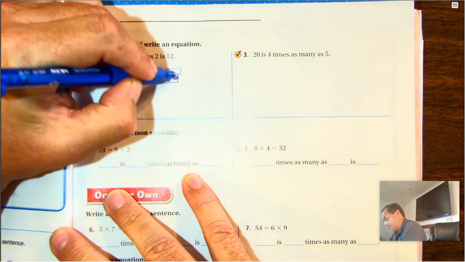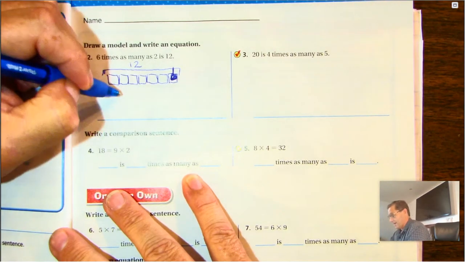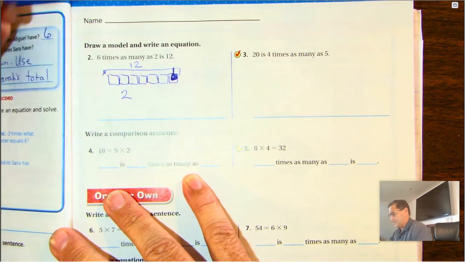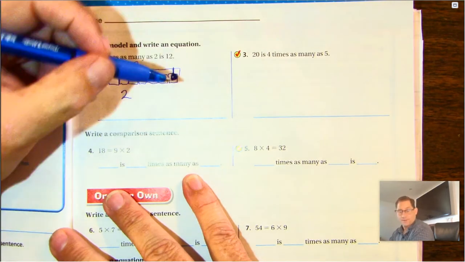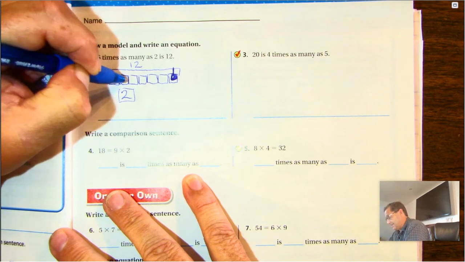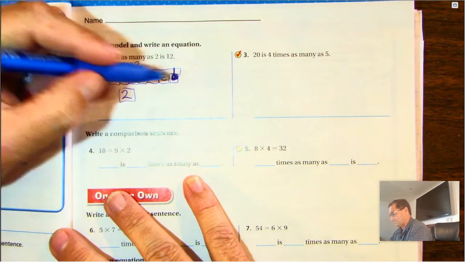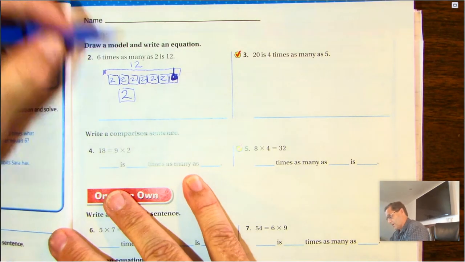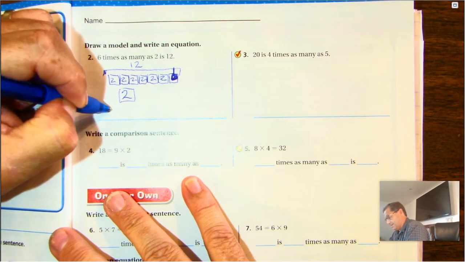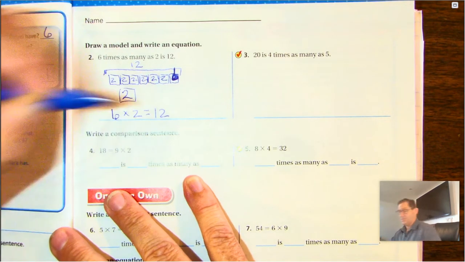Whoops, that's 7, sorry. Okay, 6 boxes, and we know it's as many as 2. So 6 sets of 2 is 12. So our equation would be 6 times 2 is 12.